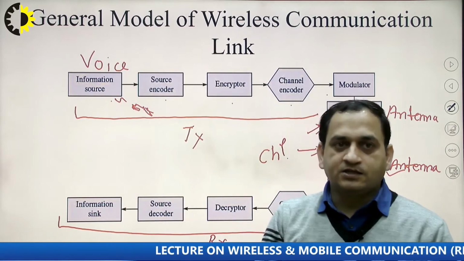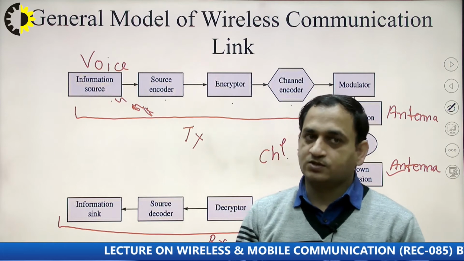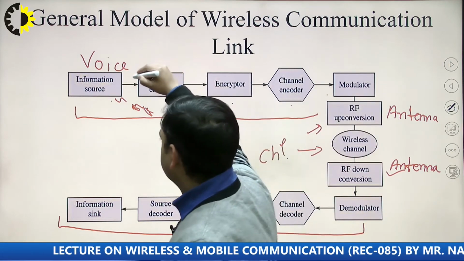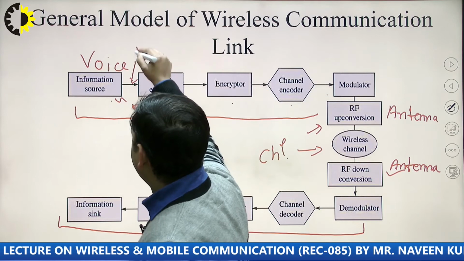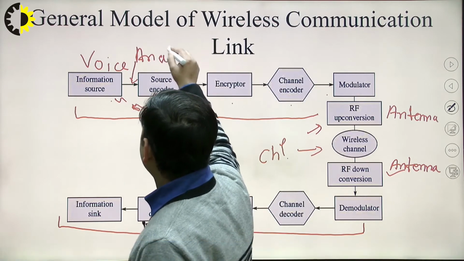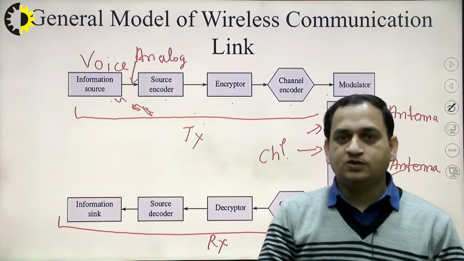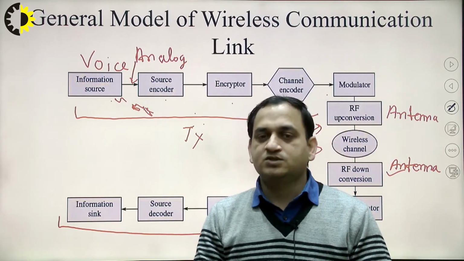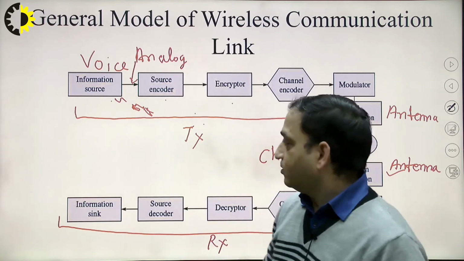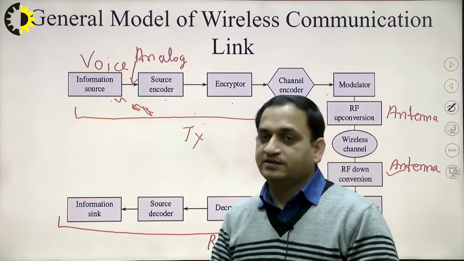Then there is another block, the source encoder. Right now it may be an analog signal. Then we use the source encoder, which is used to reduce the redundancy.